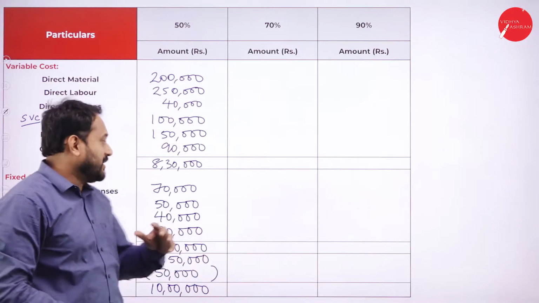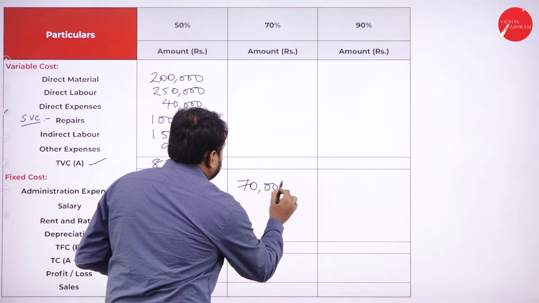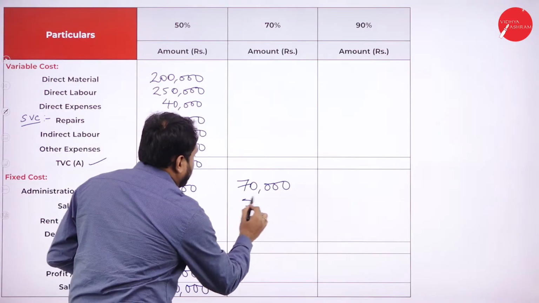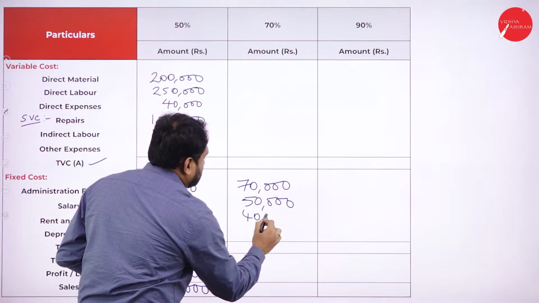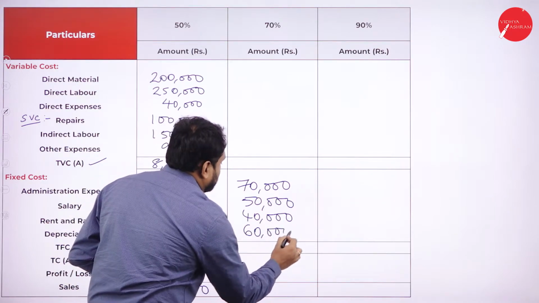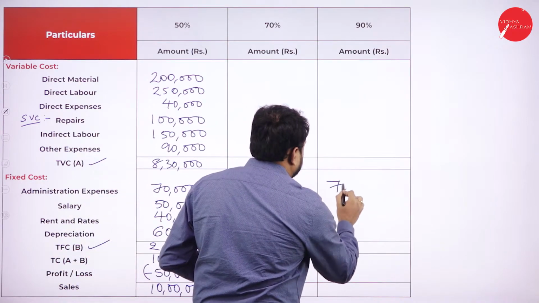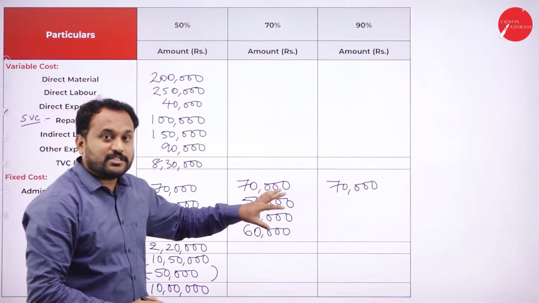That means here again we will write 70,000, then 50,000, we have 40,000 and the last one is 60,000. The same way here also 70. Now why am I writing the same entry? Because it remains constant.